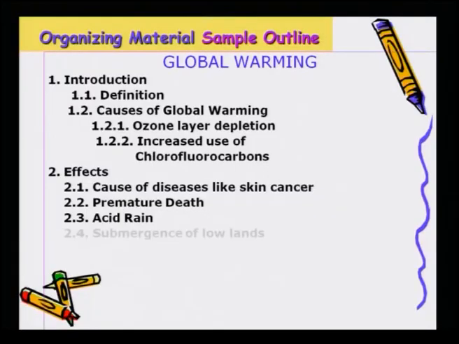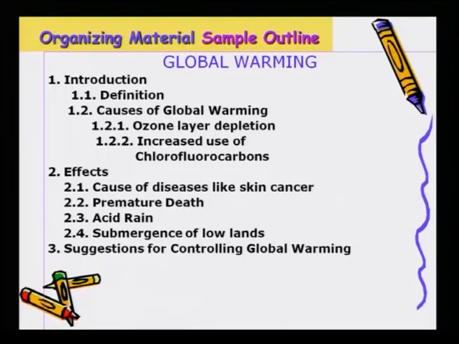So, you can give an elaborate description of this under effects. Acid rain, why and how it will be caused when there is global warming, you can talk about it, all under effects. And then a point like submergence of lowlands. So, something like Mumbai can be submerged. When the increase in global warming happens, places near the sea can be submerged very easily.